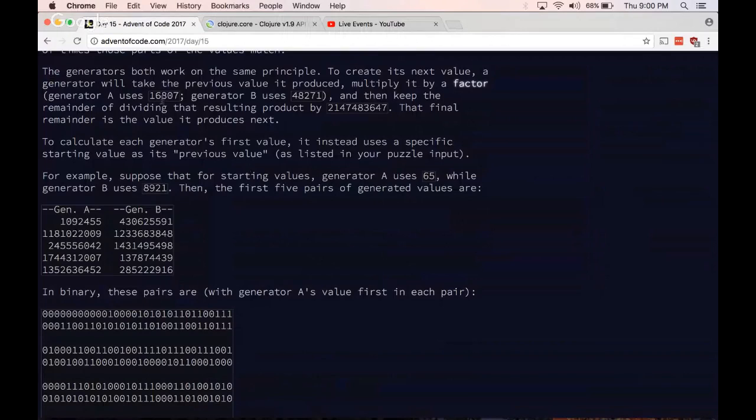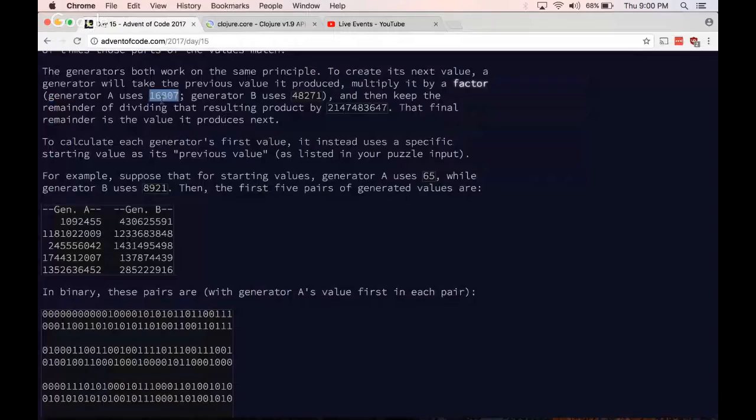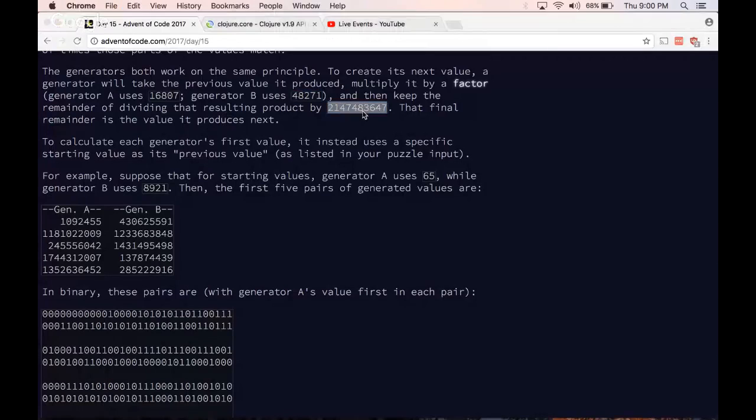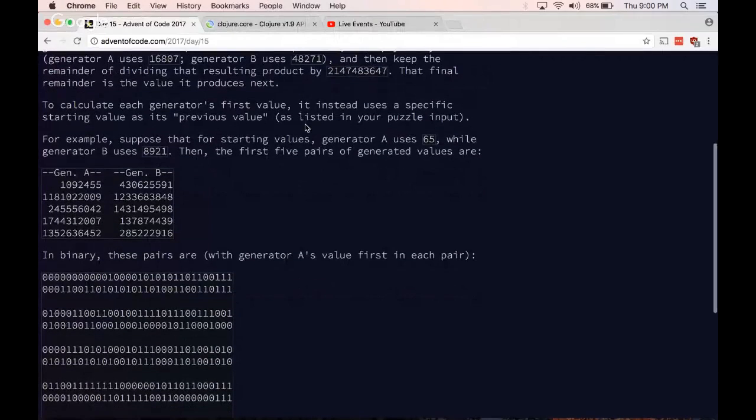All right. So we're going to need these numbers here in the program. So it keeps, all right, so we'll use iterate. To calculate the first value, you need to use a specific starting value as its previous value.